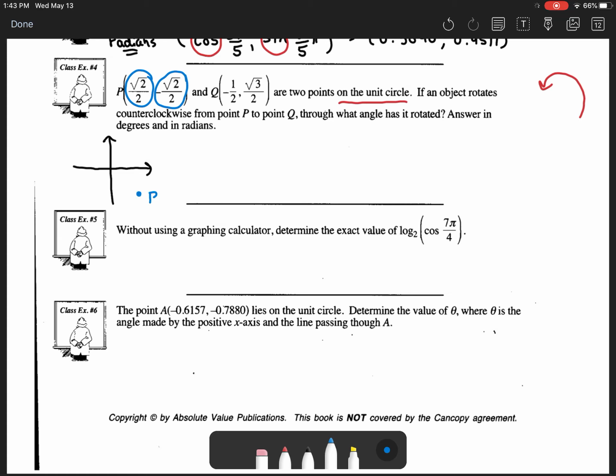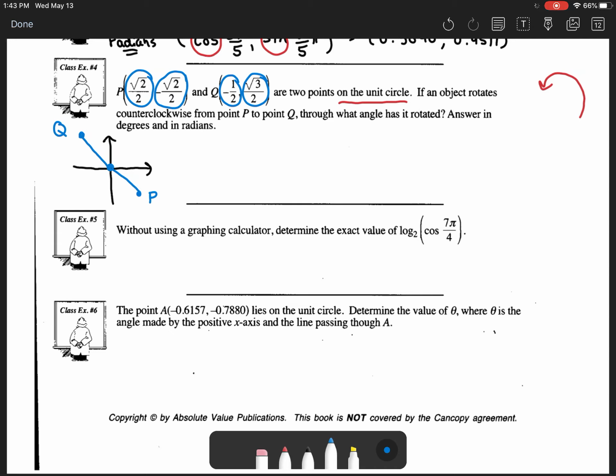So that's going to put me down here at point P. Okay, so there's point P right there. And then Q is a negative 1/2 and then root 3 over 2. That's going to put me up here, okay? There's the origin, and here is Q.